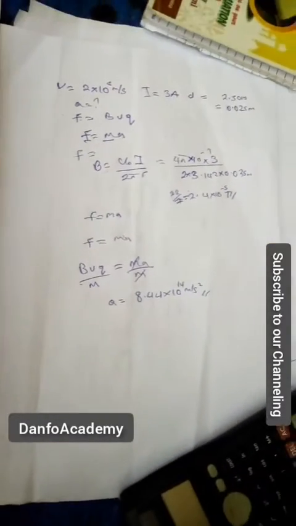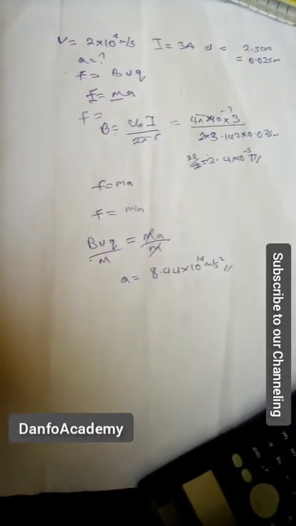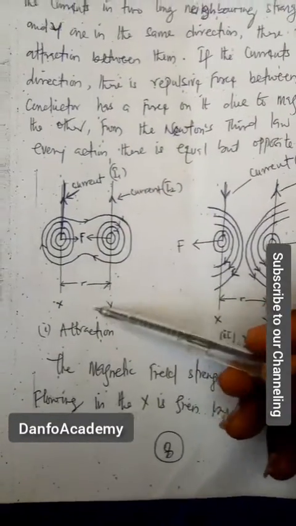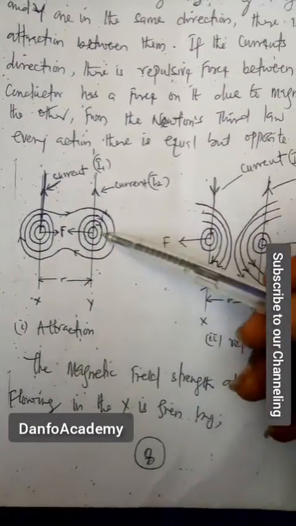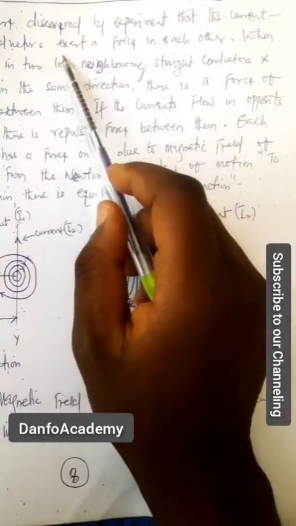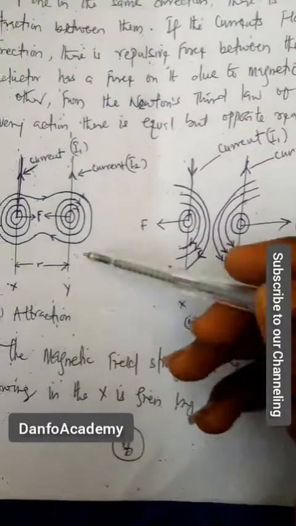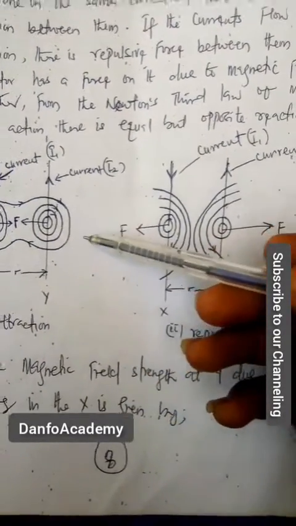Now moving into force between two current-carrying wires. That is, when you have two current-carrying wires, as you can see here. Now, Ampere discovered by experiment that current-carrying conductors exert a force on each other. So now, that is when you have the attractive and the repulsive force.